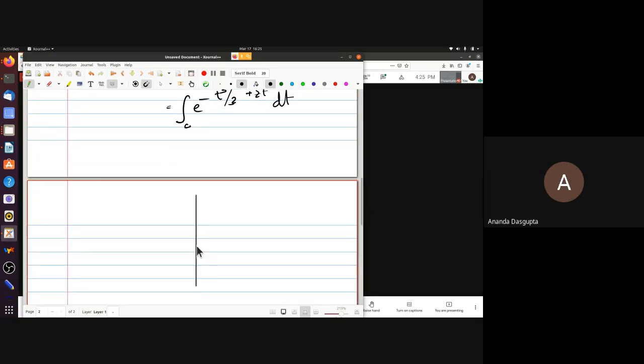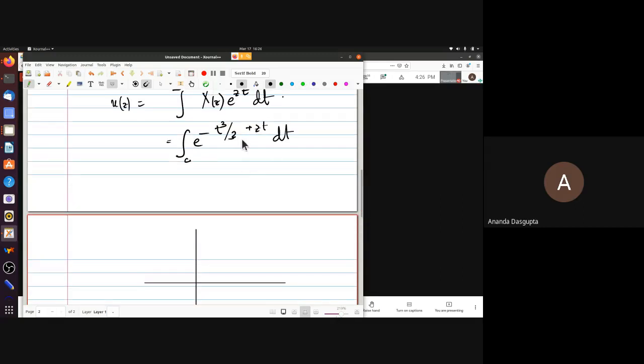And what we figured out in the last class was this, that the contour would have to extend all the way up to infinity, because that's the only way to make this function vanish. Okay? But then the problem is, because you're dealing with t cubed, and it is minus t cubed by 3, it may not actually vanish as t goes to infinity, unless you're going in some restricted regions.